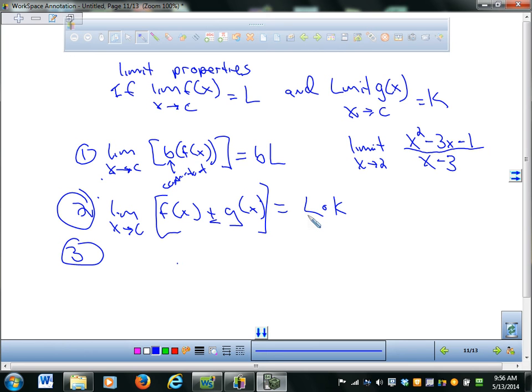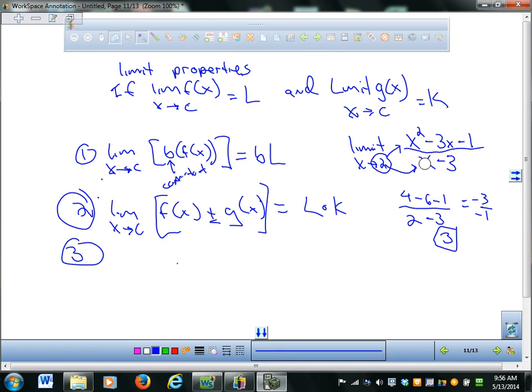Yeah, all you have to do is plug it in, and if it works. So in this case, you would just get 4 minus 6 minus 1 over 2 minus 3, which is negative 3 over negative 1, which would be positive 3. So that answer would be positive 3.